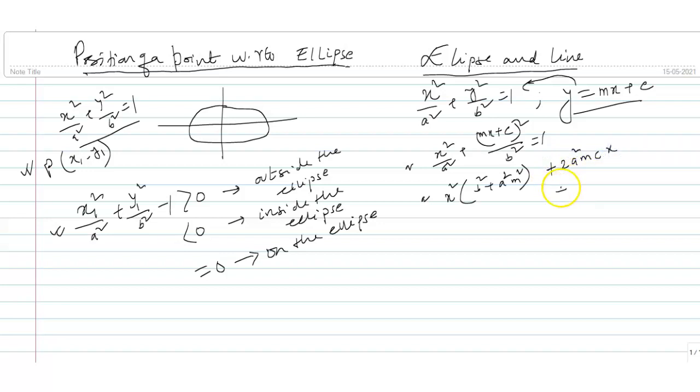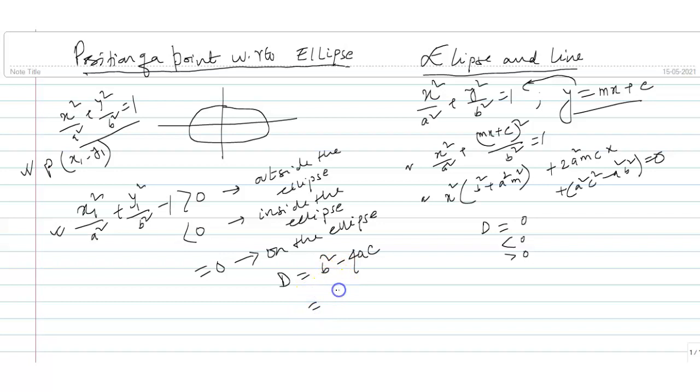A quadratic equation in x will come, and it will be like this, right? For this quadratic equation we will get three possibilities of discriminant, that is, d equals 0, less than 0 and greater than 0. If we find the value of the discriminant, that is b square minus 4ac, we are going to get a simplest form.